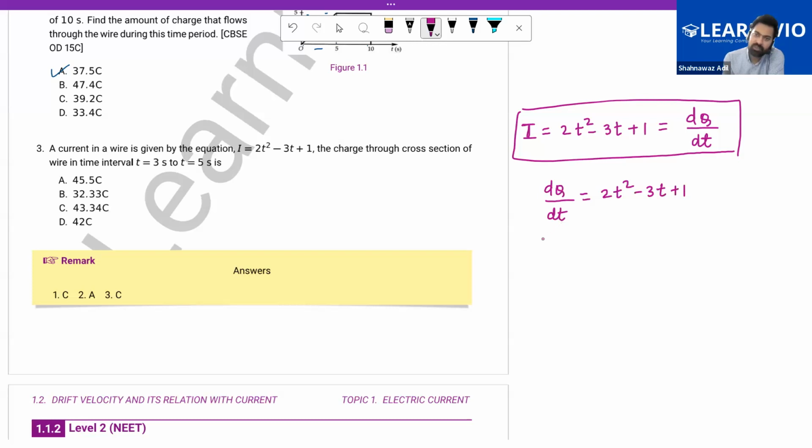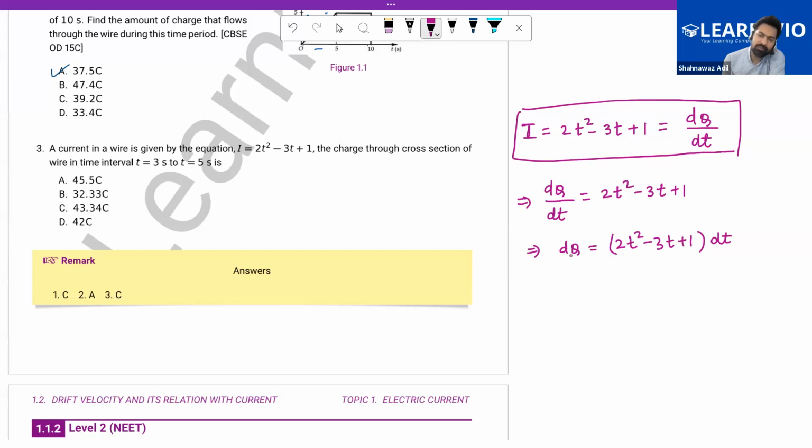So I want to calculate charge. I will take this dt to the other side, so this is my dq. Now I want to calculate the charge.